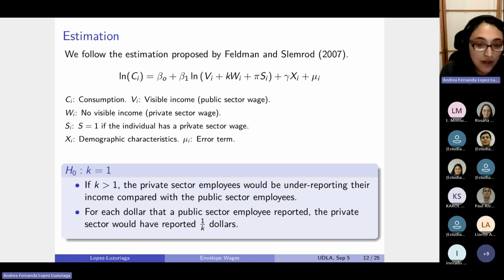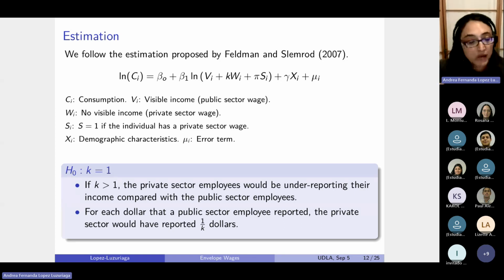Okay. So here, basically, the null hypothesis is that this k variable is equal to 1. There will basically be no difference between the income of the private sector and the public sector employees. If it is larger than 1, it means that the private sector employee is systematically underreporting the income compared to the public sector employee.